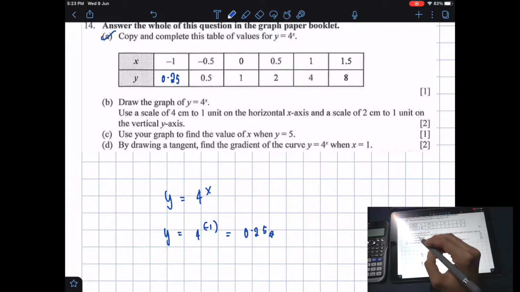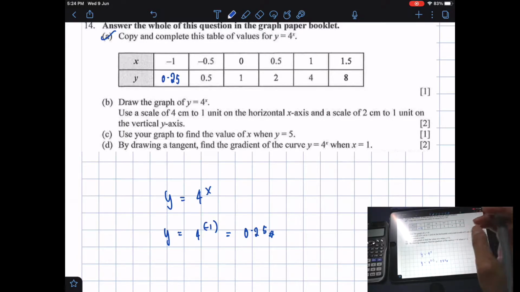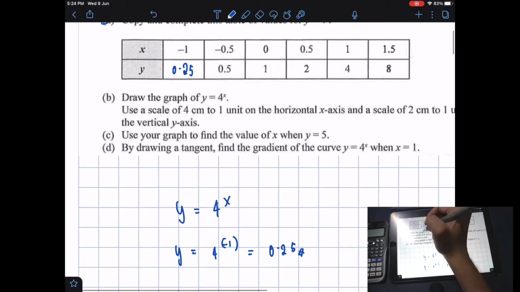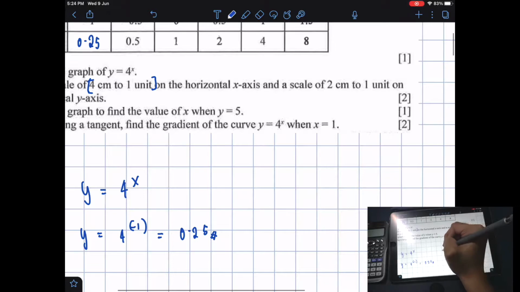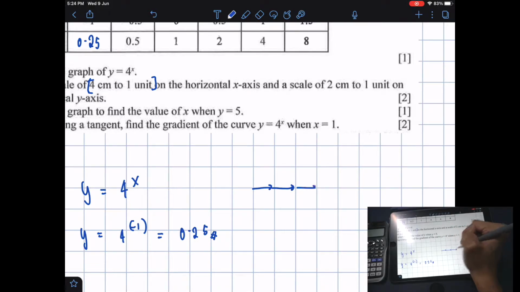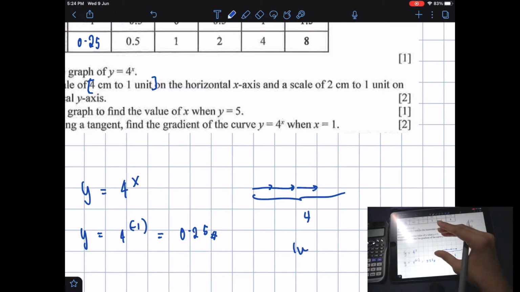The next part of the question, they are asking you to draw the graph, and on the y-axis and the x-axis, they have labeled the scale. For the x-axis, we are looking at 4 centimeters to 1 unit. This 4 centimeters to 1 unit is simply saying that for every 4 centimeters there is 1 unit.